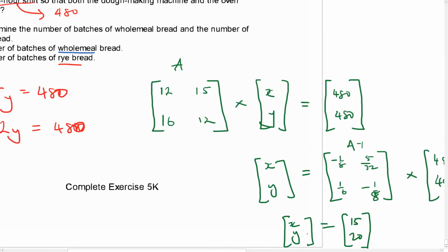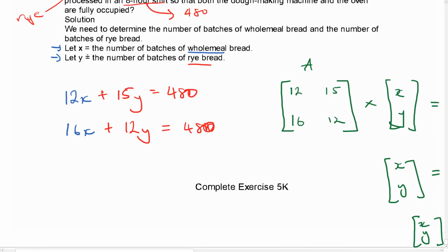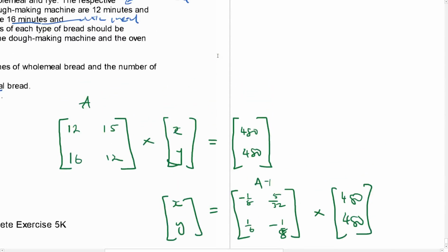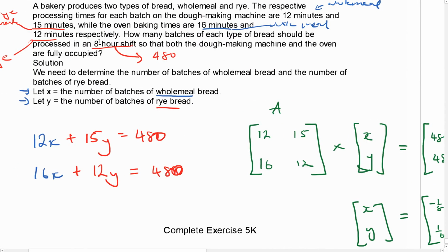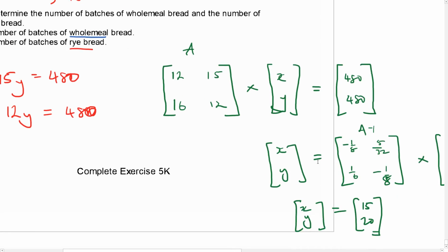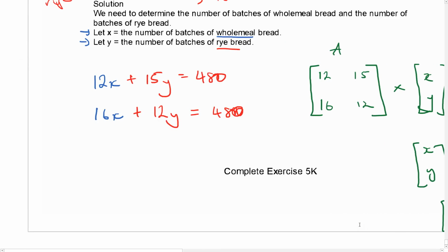Remember, X represents the number of wholemeal bread, and Y represents the number of rye bread. So that means in order for us to make use of the machine over the 8 hours, we need to make 15 batches of the wholemeal bread and 20 batches of the rye bread. I'll write that as an answer.